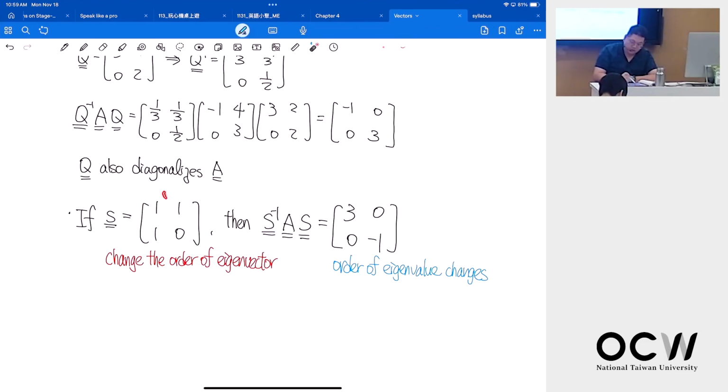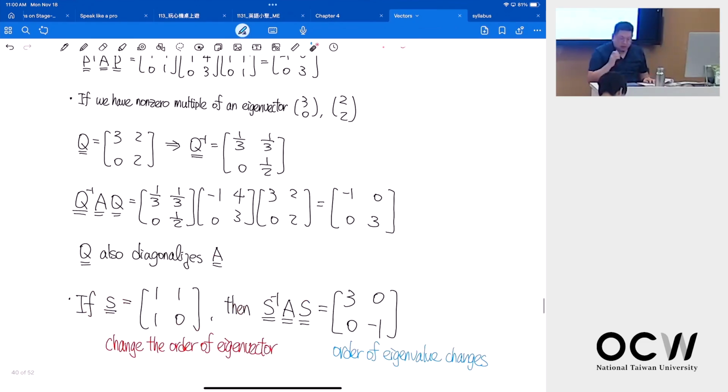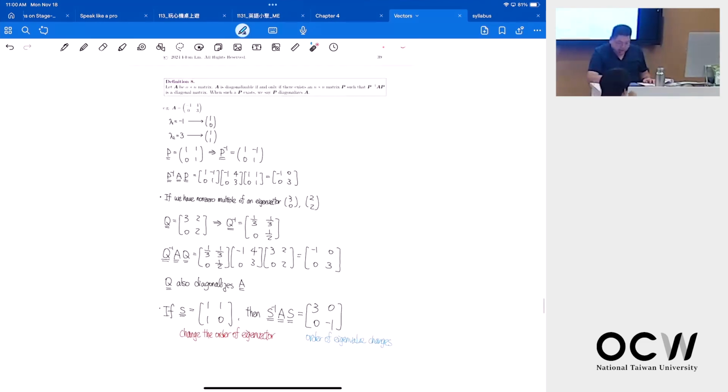Because they switch, the eigenvalues should also switch. Any questions for this diagonalization? This is very important because later on we will use this a lot, and you will also see something interesting later.